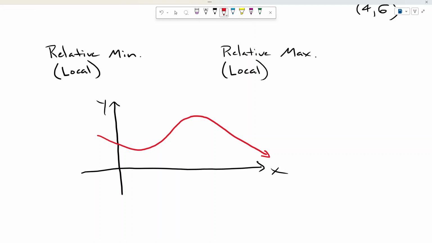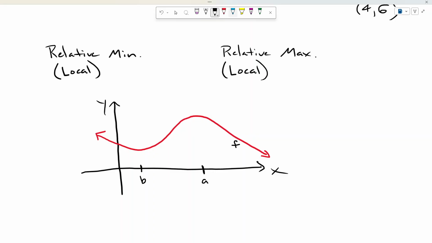Okay, we'll just make these arrows. And this is our function, some function f, and then this right here is our, call it b, and then this will be a.